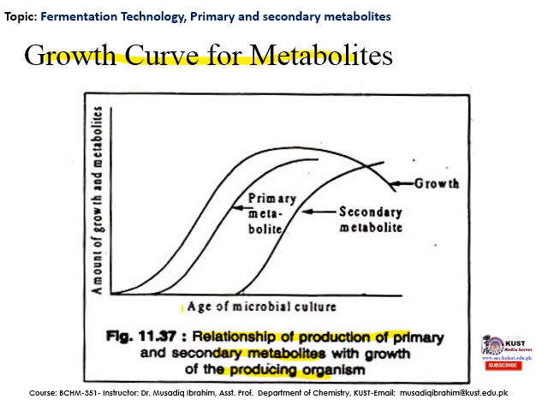So on the x-axis you have the age of microbial culture, which is basically the time duration during which the microbes are growing along with the metabolites. And on the y-axis you have the amount of growth and metabolites.